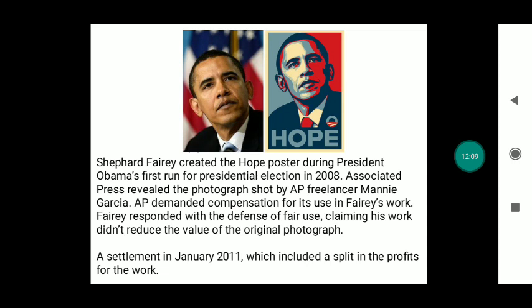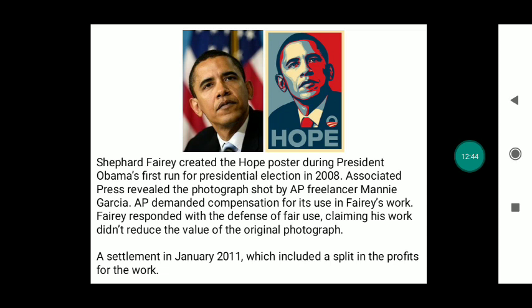Fairey responded with the defense of fair use. Of course, he has used a photograph which was not shot by him, but he has not used it for any bad purpose. He has used it for fair work, claiming his work did not reduce the value of that original photograph. He has not used the photograph in a way wherein the value of the original photograph is lost.